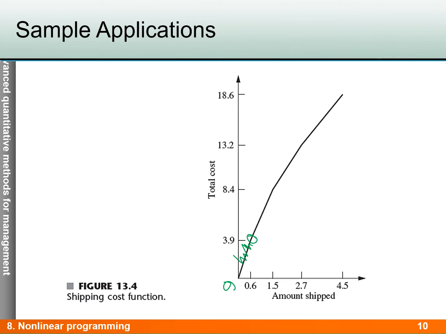For the second part, from 0.6, 3.9 to 1.5, 8.4, the slope is something else, and continuing this line, as you see here, it's just a way of showing how this is a nonlinear form of example.